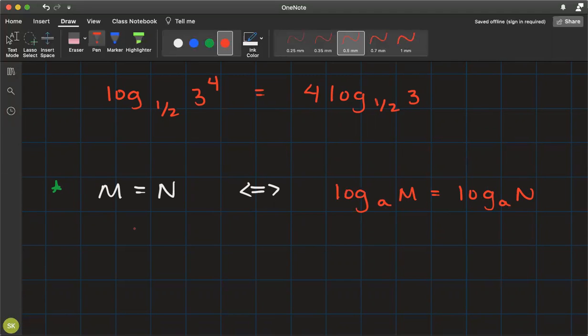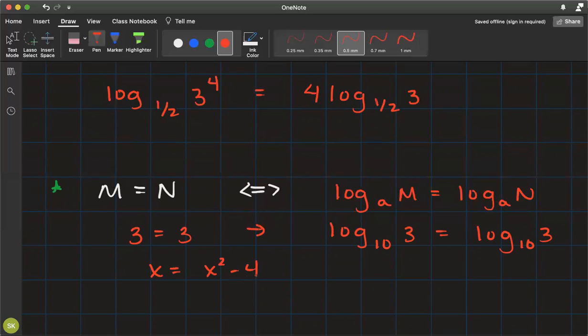So for example, 3 is equal to 3. Obviously, log base 10 of 3 is log base 10 of 3, right? This is going to become more interesting when we involve variables. So if we have something like x is equal to x squared minus 4, then you would take log of this side equals log of that side, or something like that.